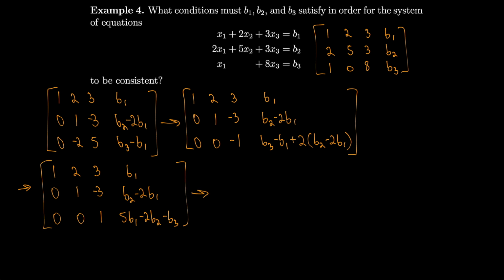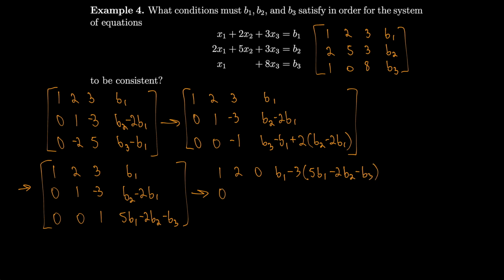Okay, let's keep going. I would like to get zeros over here now. So adding 3 of this to here, and I'll add negative 3 to the top row. So my top row becomes 1, 2, 0, B1 minus 3 times the bottom row constant, which was 5B1 minus 2B2 minus B3.